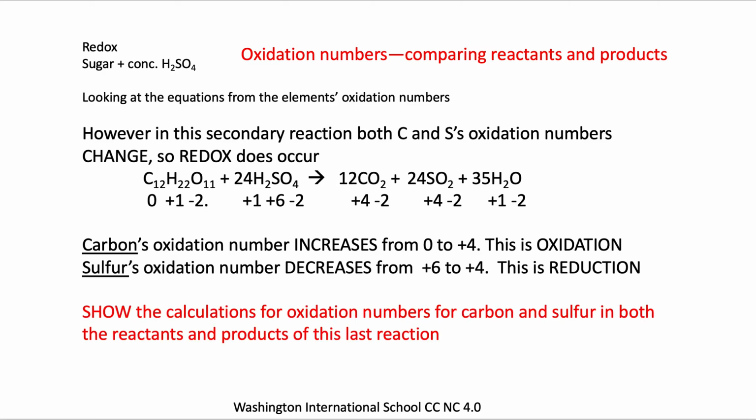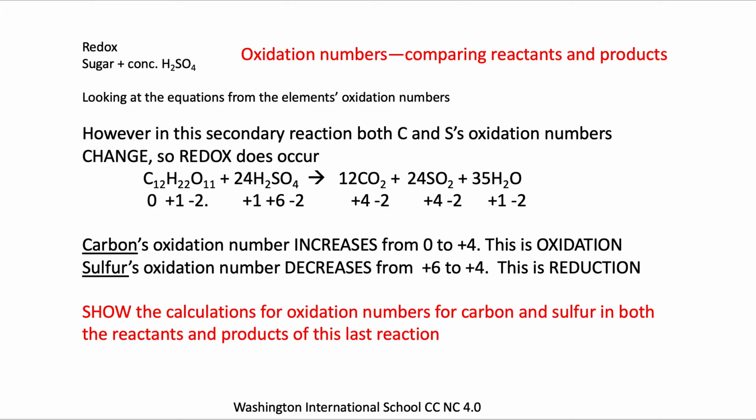But if we look at that second reaction and put in the oxidation numbers of each element for the reactants, each element for the products, we see that carbon starts off as 0 and turns into +4 in carbon dioxide as a product. That's oxidation.